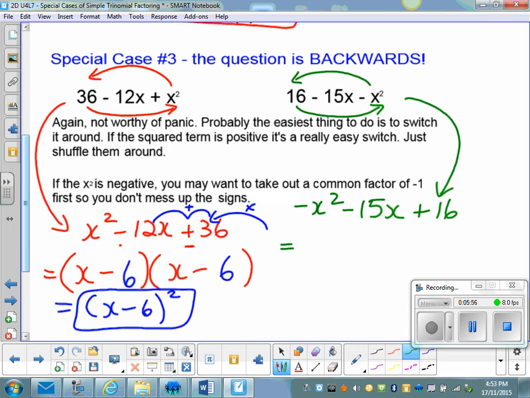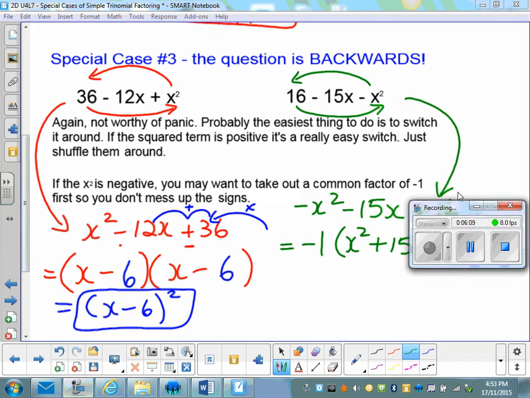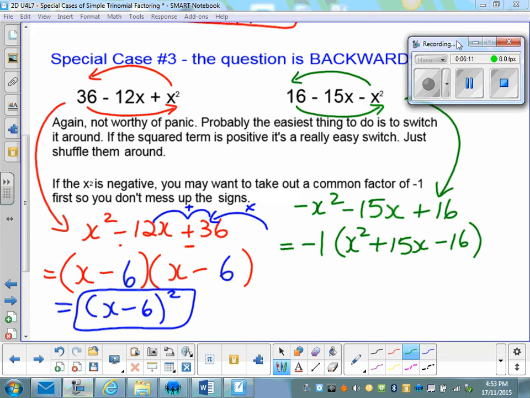So what we're going to do is we're going to take minus 1 out as a common factor. So if I factor the negative 1 out of each of those terms, now the expression looks like that. And so now inside the bracket, I can factor that as a simple trinomial.